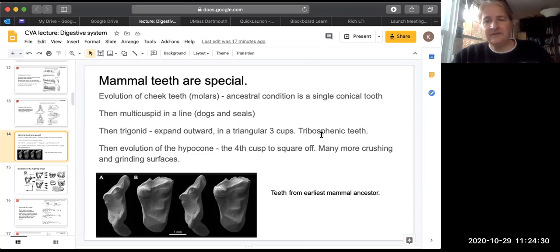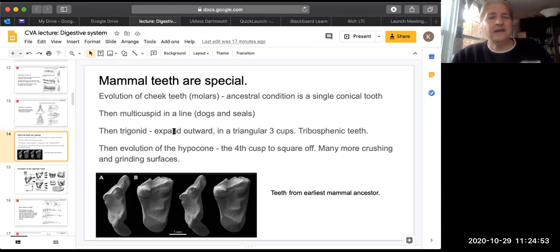Those are called tribosphenic teeth because of the groups in the fossil record that showed those. And then the last innovation is the hypocone, which takes that triangle and squares it off to the square crown that our teeth have. So we have that fourth cusp to square it off, the hypocone.